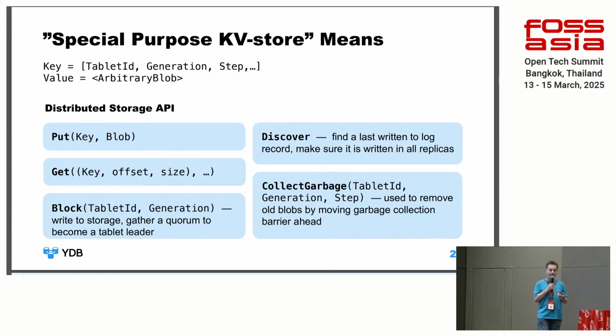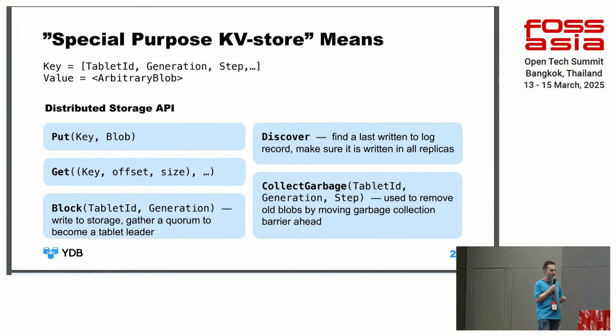Well, what do I mean by special purpose? Because it's just key-value storage, why is it special purpose? A few API calls are really straightforward, like put and get, but there are a few very special ones. There is a call called block, and it's used for distributed consensus. You could say that it's for leader election.